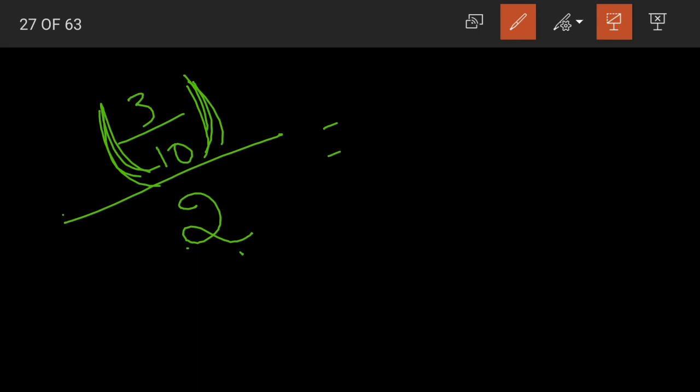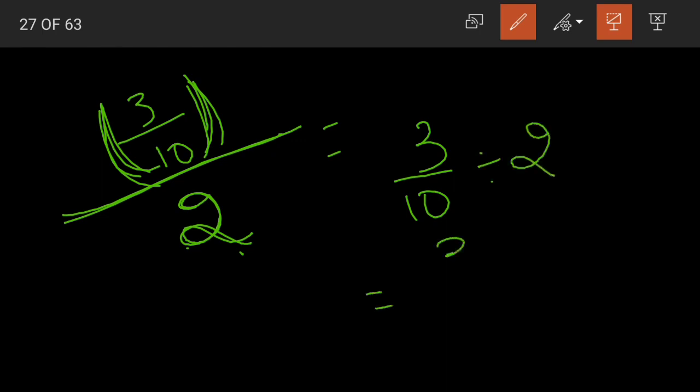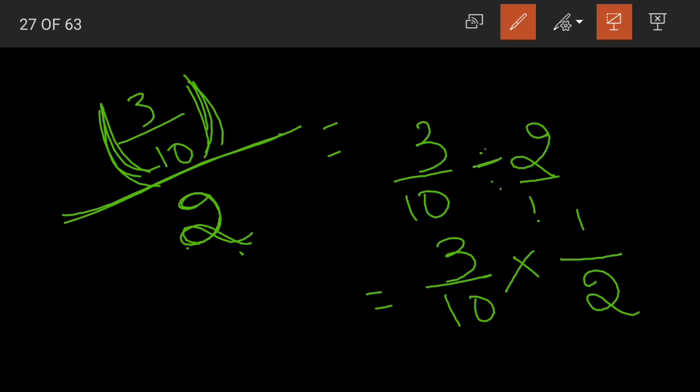And what is the value of each part? How do we find out? We divide the given length with 2. Yes, 3 by 10 divided by 2. How will we write it? 3 by 10 into 1 by 2. Am I correct students? See, 2 is nothing but 2 by 1. Division replaced with multiplication, and 2 by 1 we take the reciprocal, that is 1 by 2.